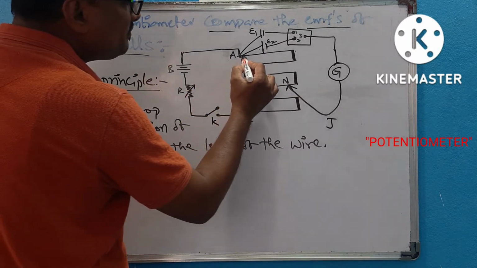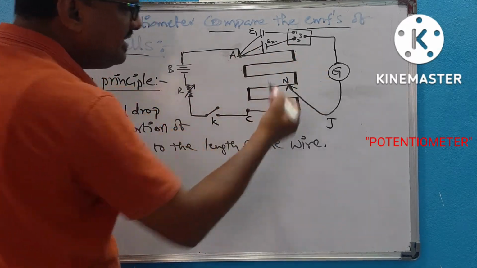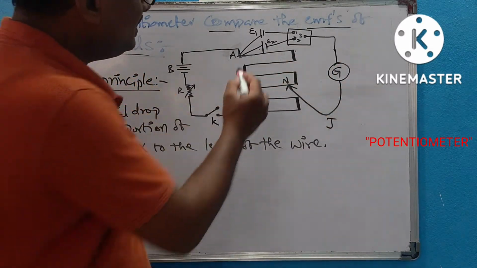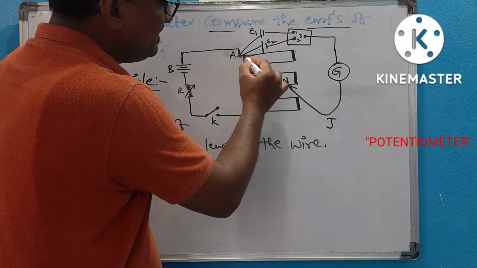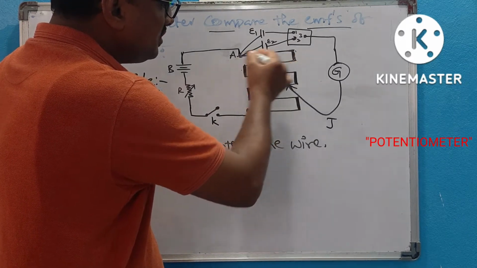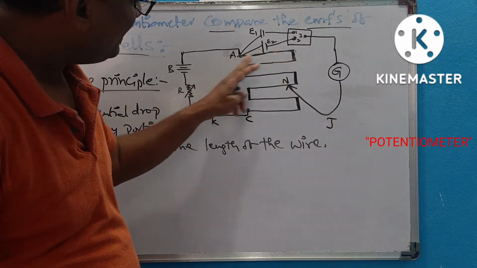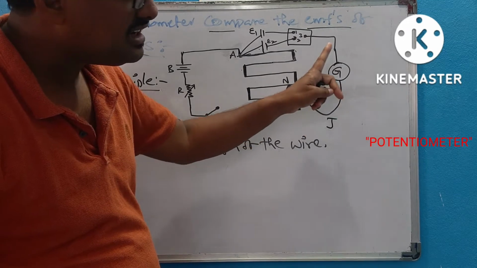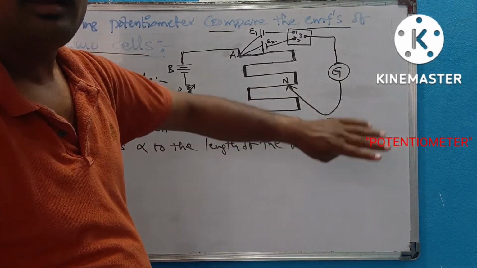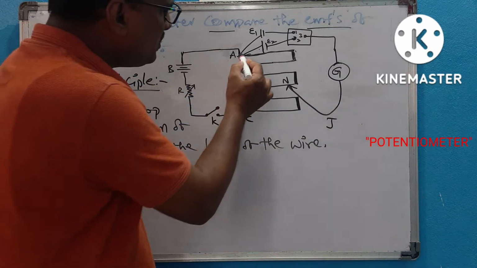Whenever the jockey moves away from point A, the potential in the galvanometer gradually drops.